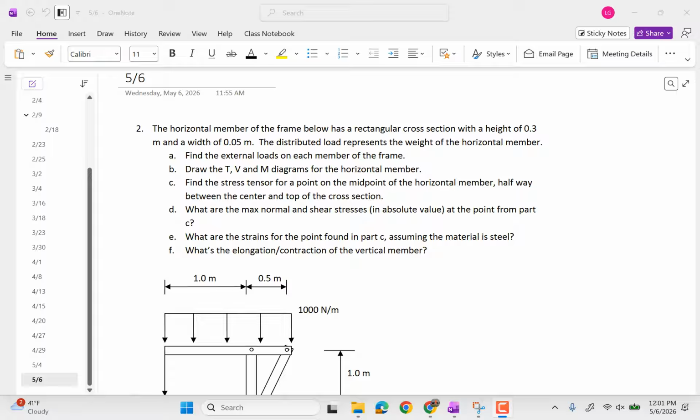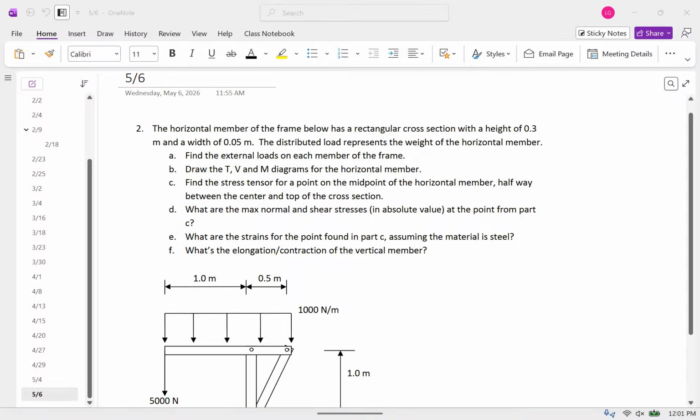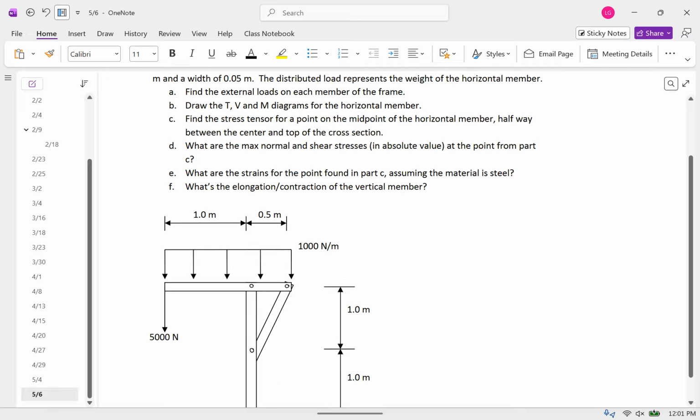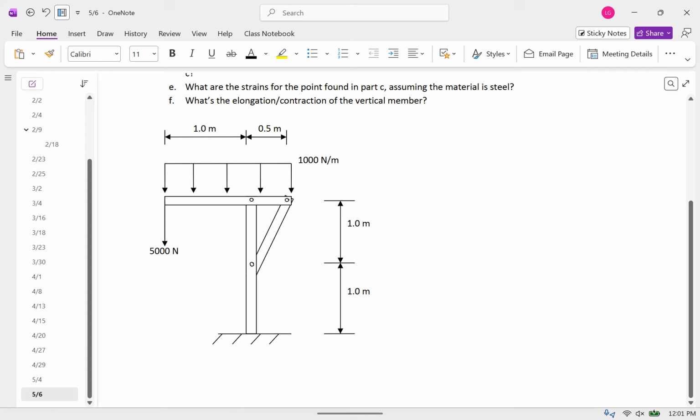Okay, so the first question was number 2 from the assignment. We have this structure that is not a truss, because there are external loads applied to it.